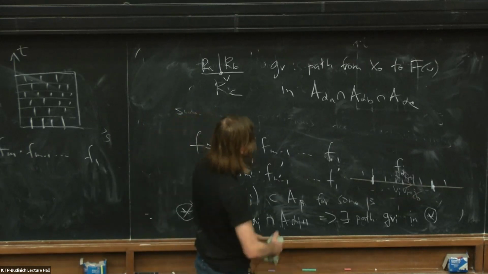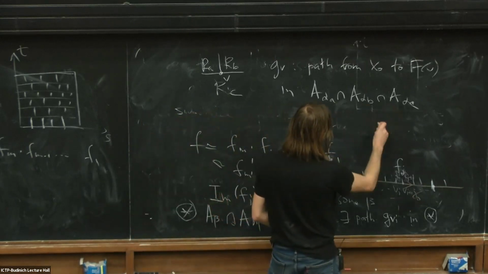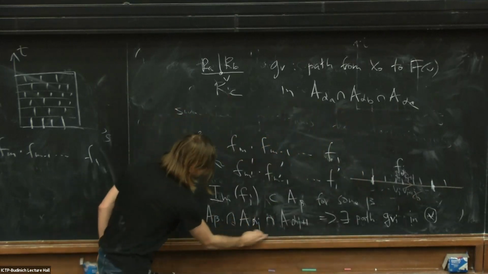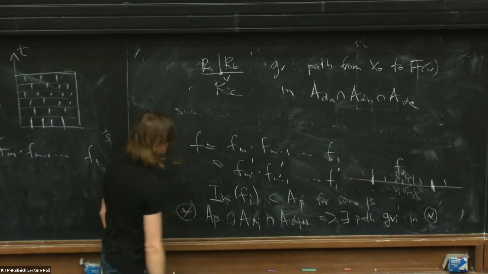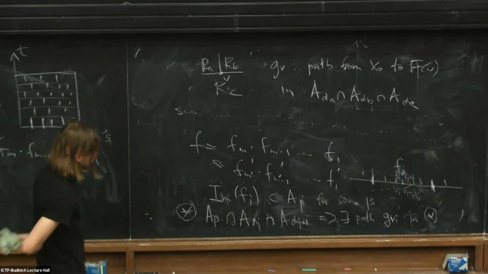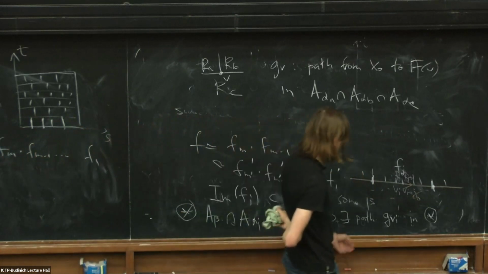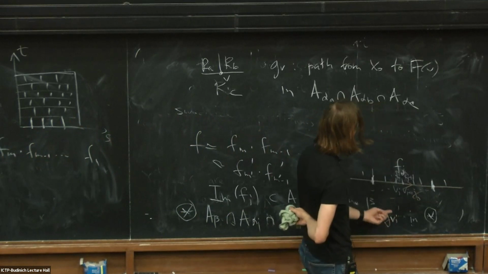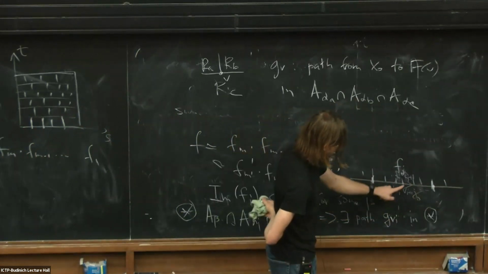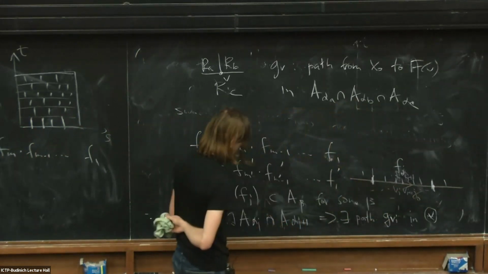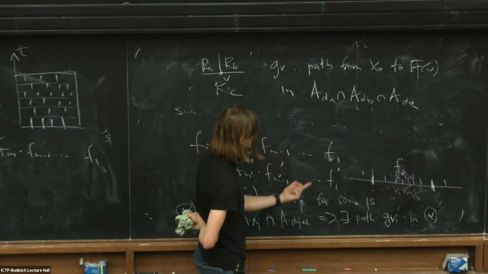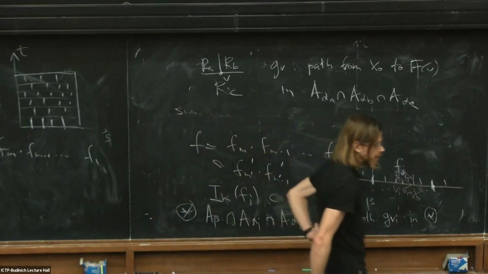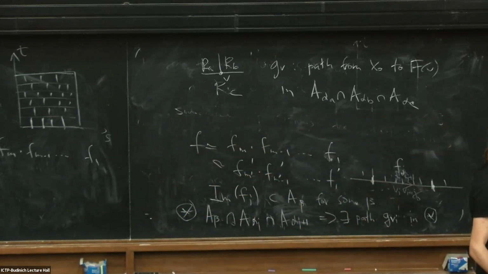And then instead of this triple like this, we consider the triple here. And we can again require this G corresponding to this vertex to be again a path from X0 to F V, but now contained in this triple intersection. Is it clear, or is there still a question?